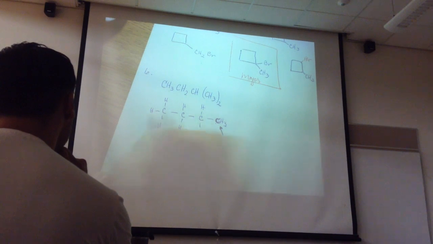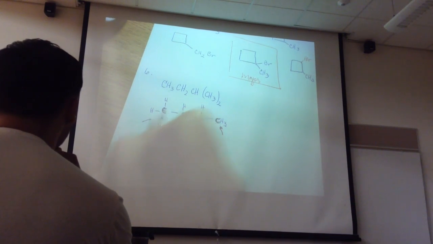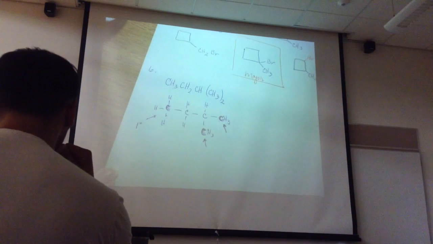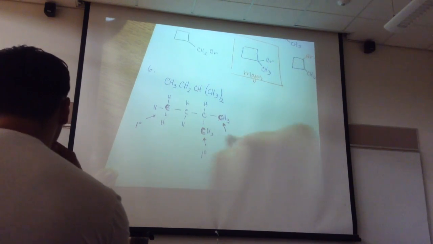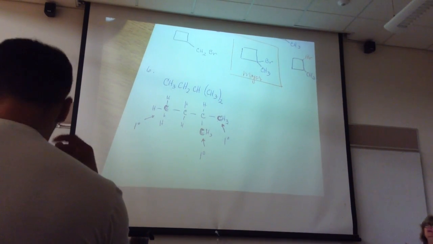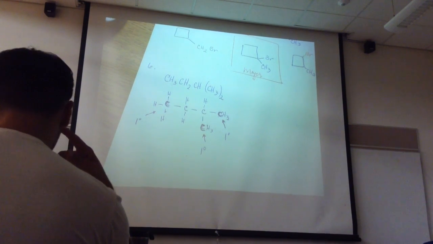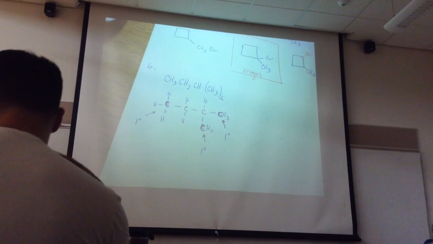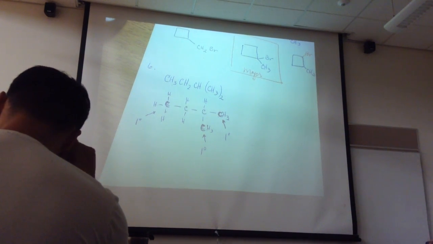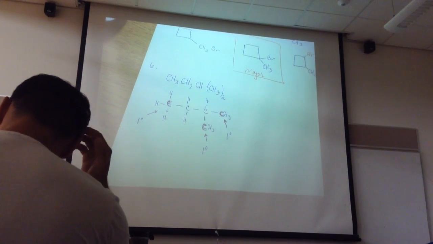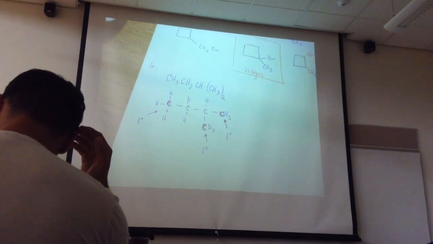That one, and that one, and that one. They're all primary carbons. Anything that is on them will be referred to the exact same way. So since you have 3 primary carbons, all those 9 hydrogens are also called primary hydrogens.